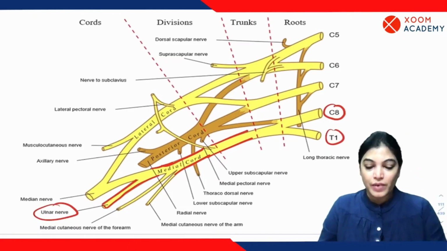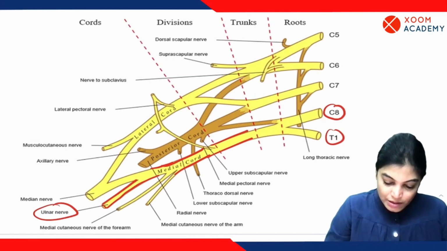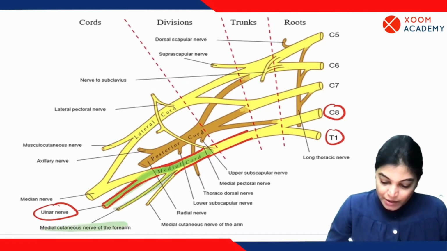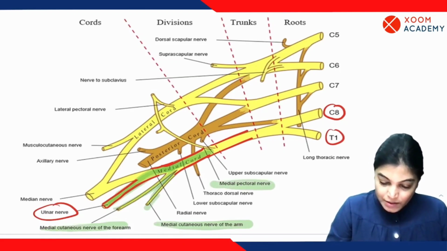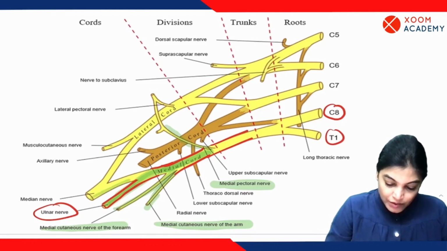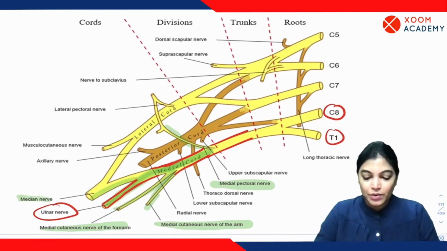Other branches are the medial cutaneous nerve of arm and medial cutaneous nerve of forearm. This is the medial pectoral nerve, which is also a branch, and there is also a contribution to the medial root of the median nerve. But here we are talking about the ulnar nerve, so it is quite clear from this image.